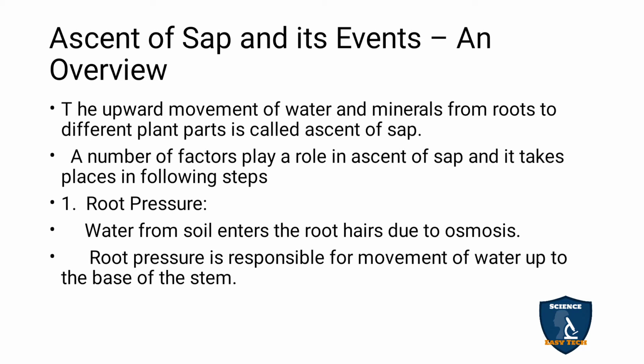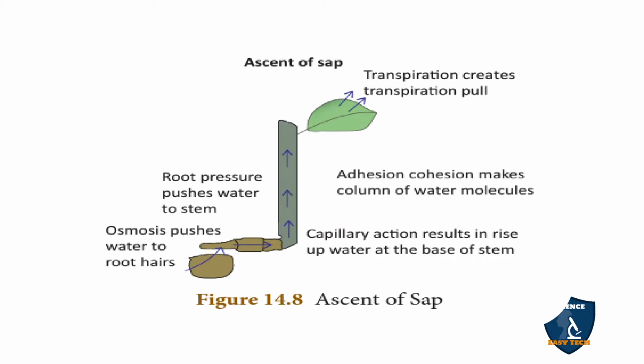The upward movement of water and minerals from roots to different plant parts is called ascent of sap. See here, this is the soil containing water, and this part is the root hair portion. The root hair absorbs the water through osmosis. In the form of osmosis, the water is pushed upwards.